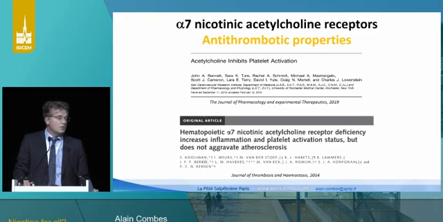Last, there have also been data suggesting that this nicotinic pathway with the acetylcholine receptors may have anti-thrombotic properties. Acetylcholine has been shown to inhibit platelet activation, and the specific alpha-7 subunit receptor deficiency is associated with higher inflammation and platelet activation.